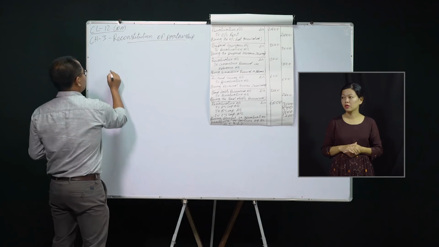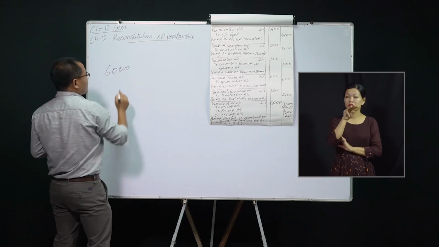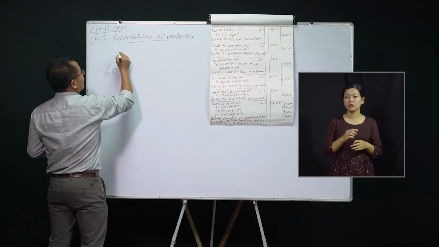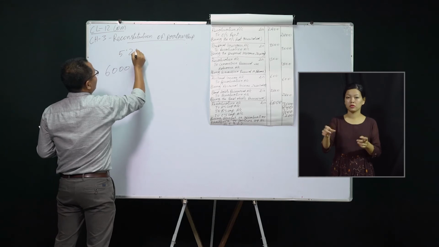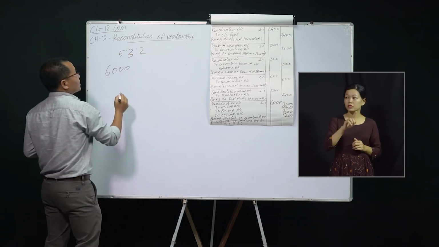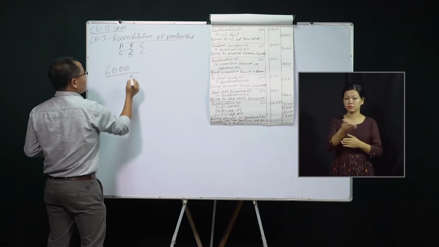I'll show you this. This is the net profit. The profit sharing ratio of A, B, and C is 5:3:2.